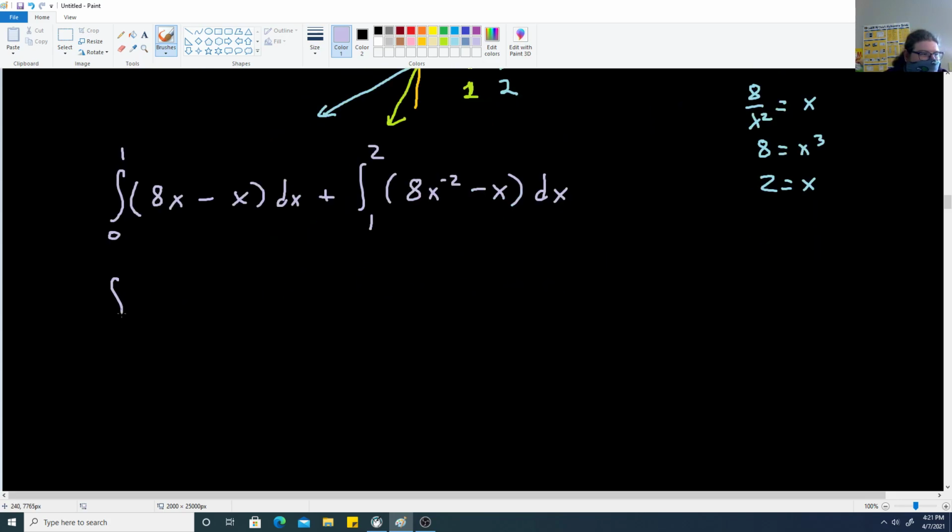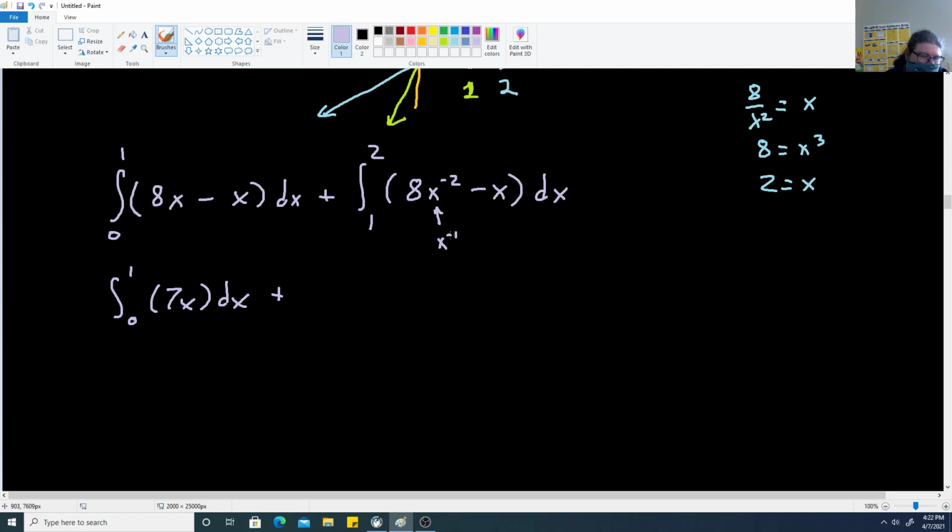If I look at this, 8x minus an x is 7x. Here there's nothing really nice we can algebraically combine, so let's start to actually integrate this one. If we have x to the negative 2, we're going to need to add 1 to the power, so that'll be x to the negative 1.